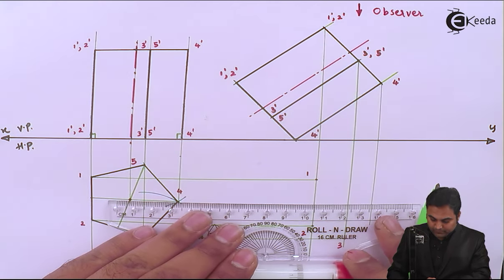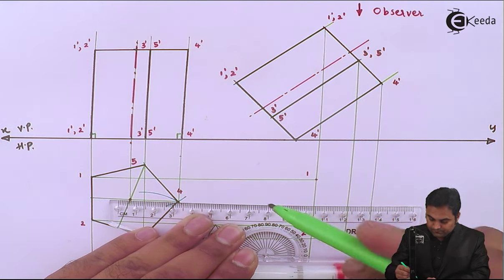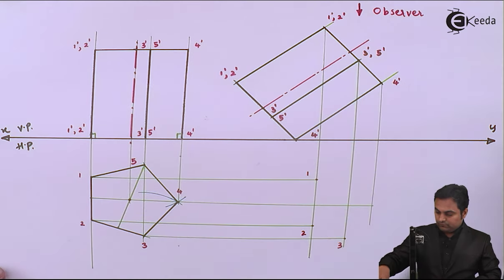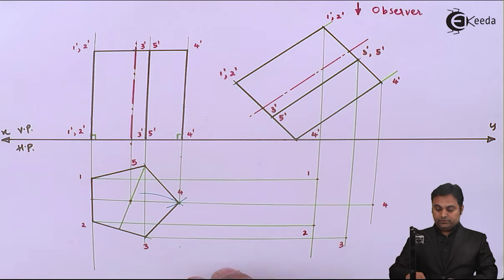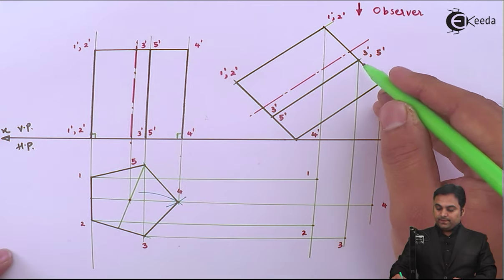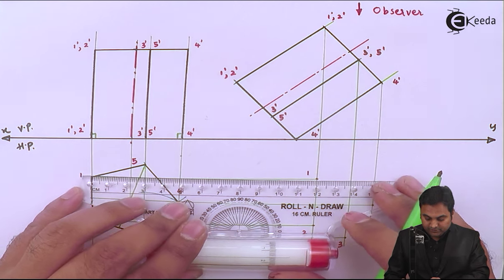So point 4 will be projected from the top view as well. Next, point 5 is on the same line as the one I have projected from the front view. So point 5 will be projected from the top view.